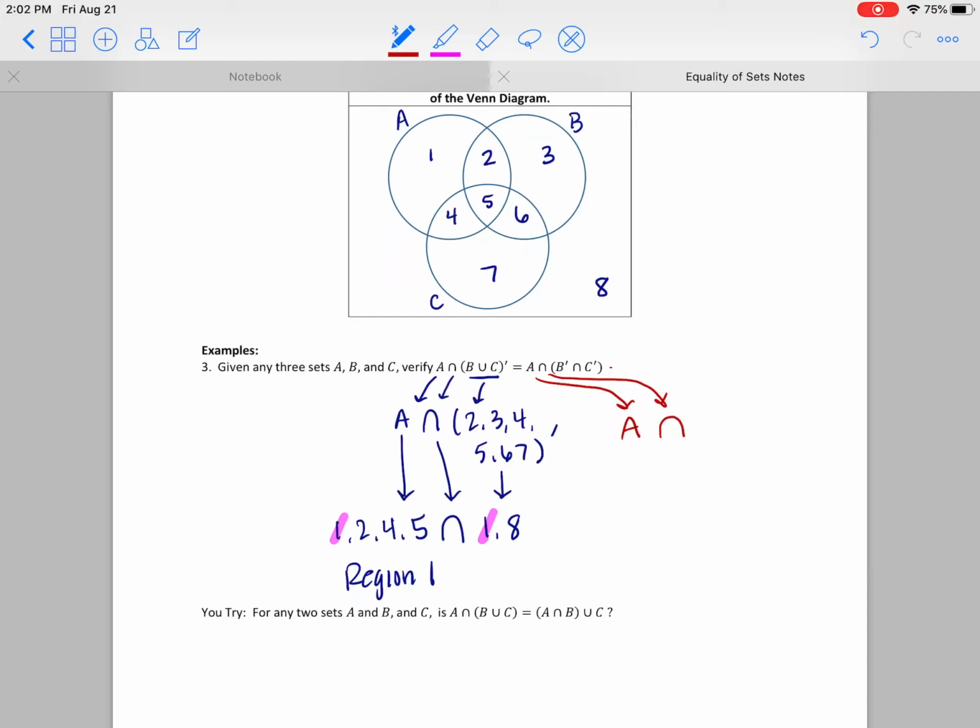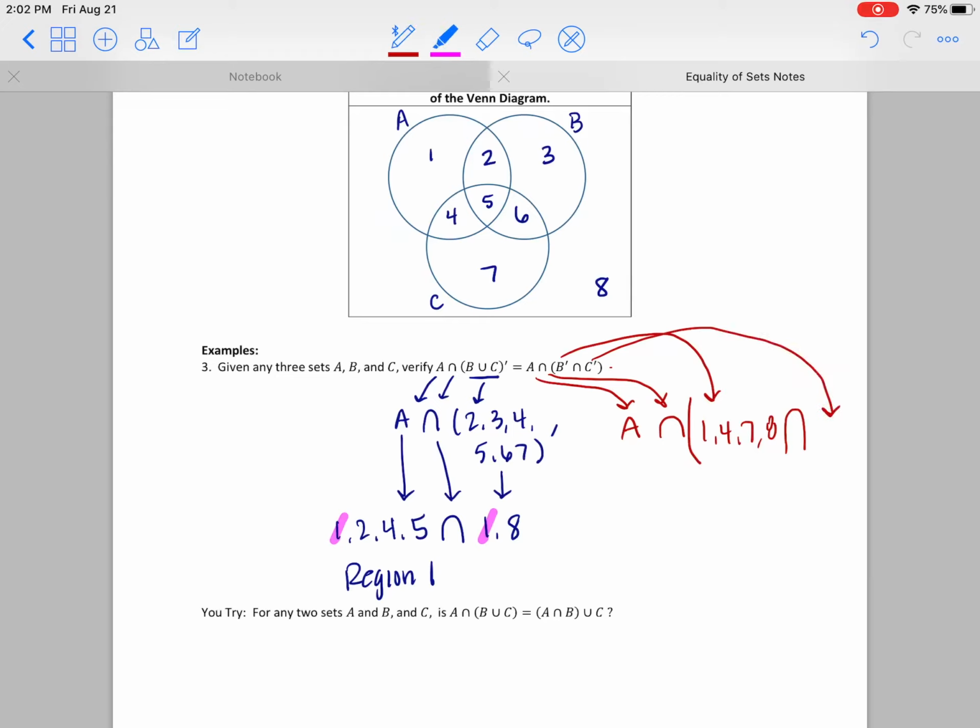Inside of our parentheses, let's go with B's complement. What's the complement of B? B includes these 4 regions, which means the complement is 1, 4, 7, and 8. And then we're going to intersect that with C's complement.